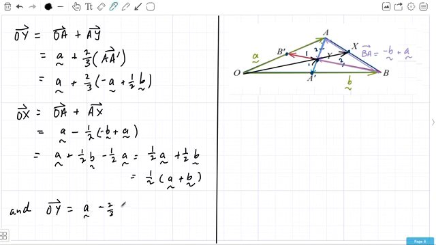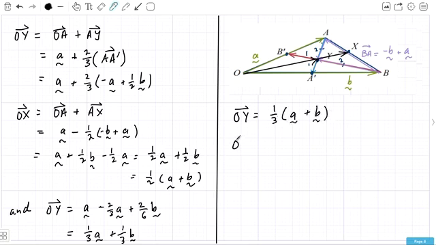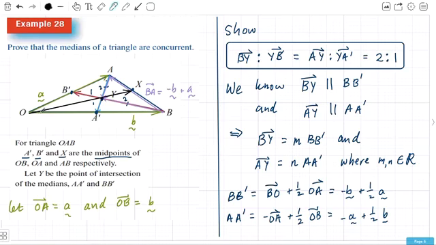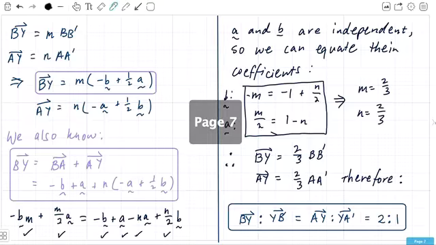We've got 2/3 of A plus 2/6 of B. That's A minus 2/3, which is 1/3 of A. And 2/6 is 1/3 of B. So what you can see here is that O to Y, if we look at them now factorised, is 1/3 of A plus B. O to X is a half of A plus B. Okay, comparing these, we want to show that the vectors O to Y and O to X are also in this ratio.